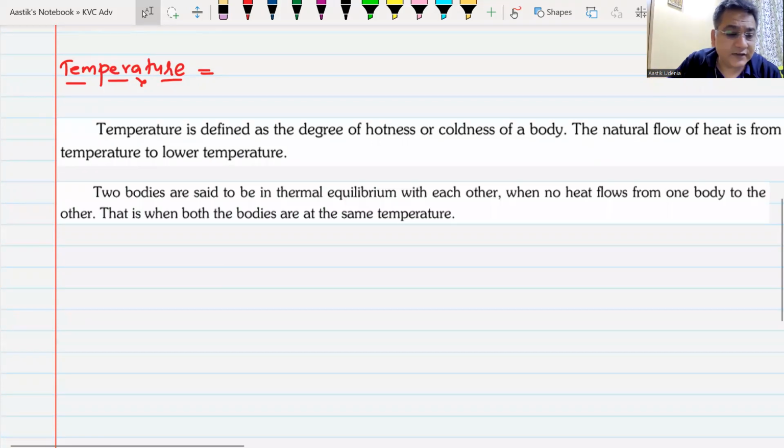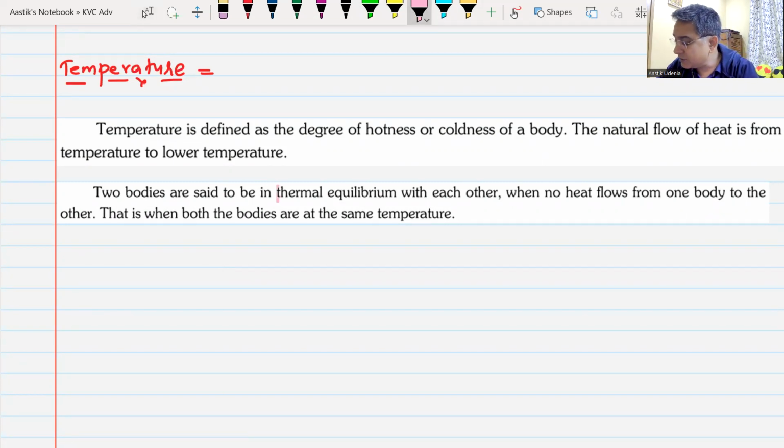When someone says two bodies are in thermal equilibrium, they basically mean that they are at the same temperature. So thermal equilibrium means the bodies are at the same temperature. We understand this?